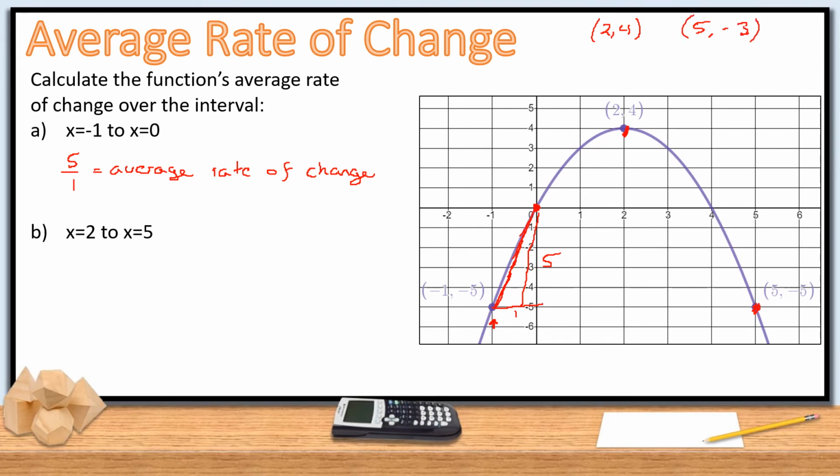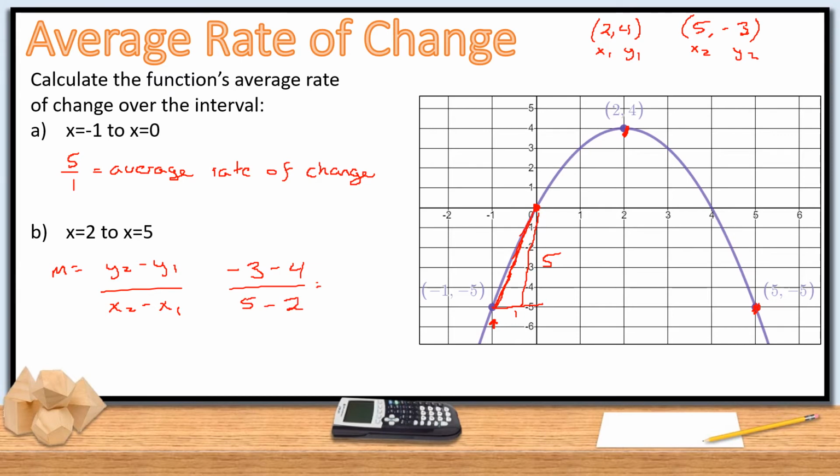So remember doing slope, we say we've got our first coordinate x1, y1, x2, y2, and then it goes into our formula. So slope is y2 minus y1 over x2 minus x1. y2 is -3 minus y1, which is 4, all over x2, which is 5, minus 2.